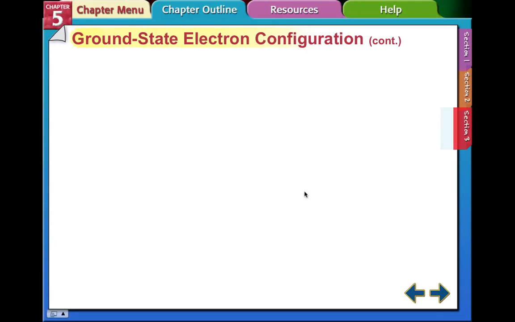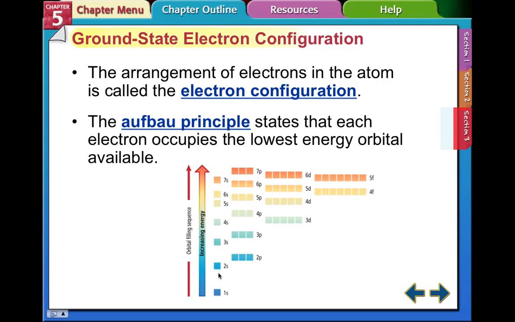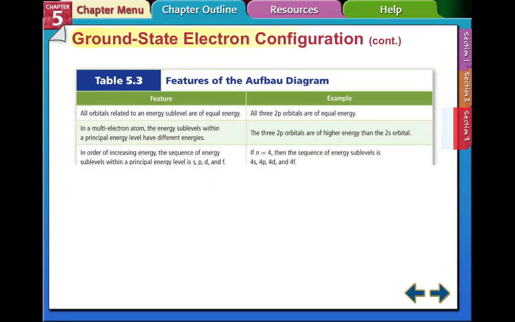So let's go back to our diagram and look again. Okay, so you can see that 3d has more energy than 4s. Okay, they can overlap like that. And when we look at our periodic table, we'll look at how that occurs.